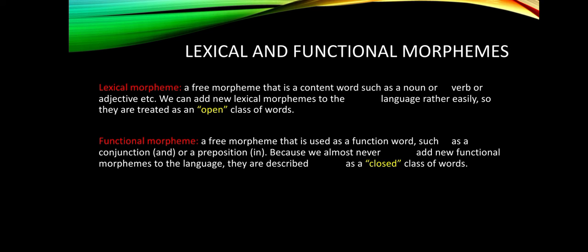We are not talking about suffixes or prefixes or infixes. We are talking about conjunctions, for example, and, or, but, so, and prepositions in, on, around, about. There are many other examples. Because we almost never add new functional morphemes to a language, they are also called closed class of words.